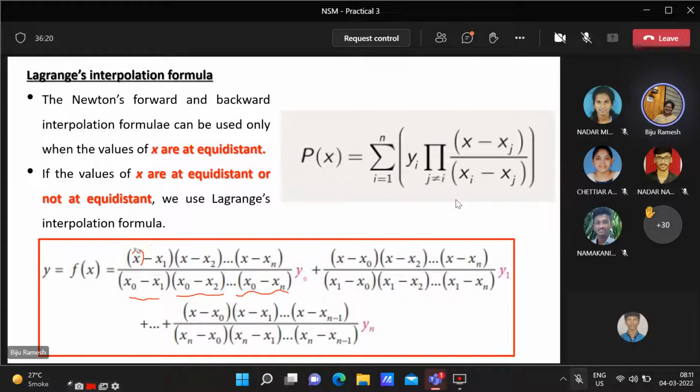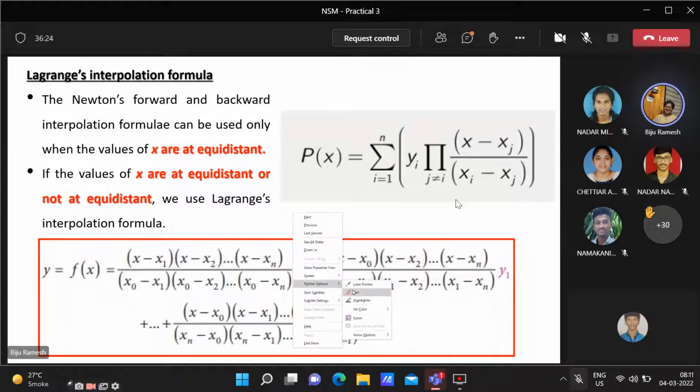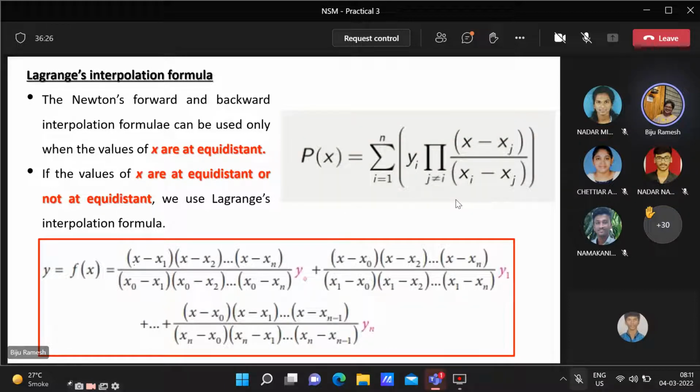Okay, so let us see how this formula is being formed. Here, if you notice, this is the x value. Now, what is this x value usually? What is being given, and what do you have to find?